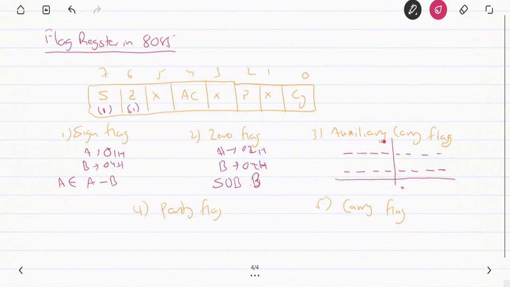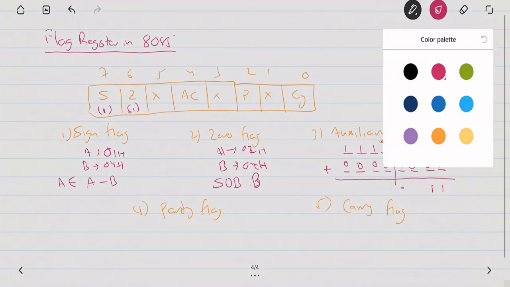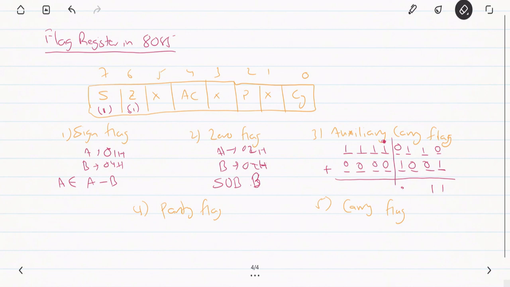For example, let me write down two values here. This can be 1111, which is equivalent to F, and this can be 0110. Let's say 1001 and I have 0 here. Now when we add these two, 1 plus 0 is going to be 1. We'll change this value to 1 just so that the carry is generated and you understand what I'm trying to talk about.